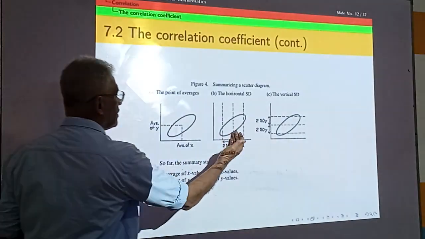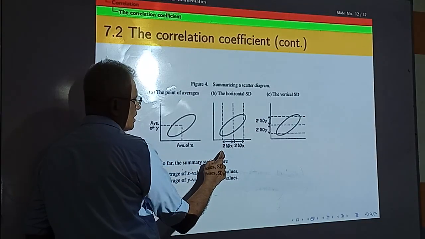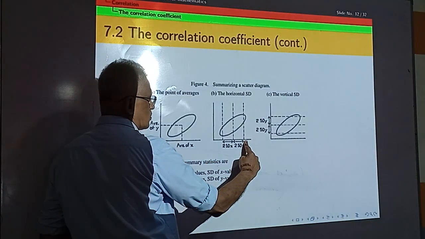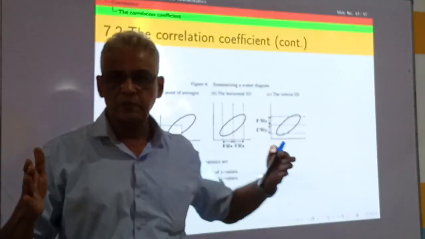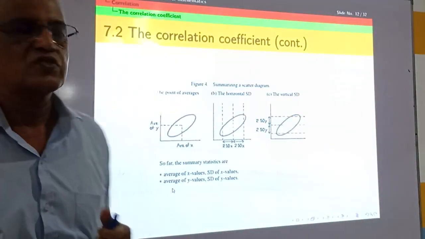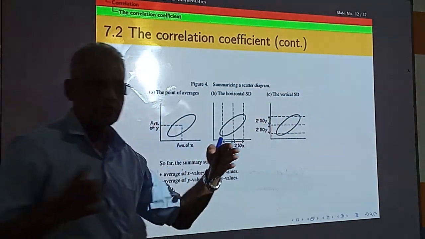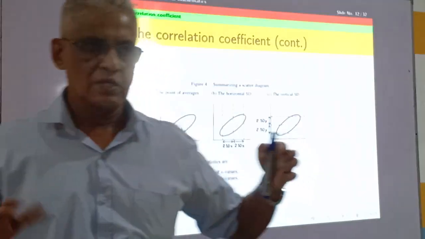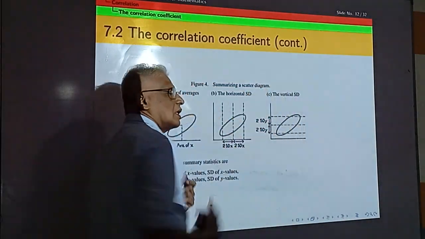So if the mean is here, this value will be x bar minus 2 times the standard deviation, and this will be x bar plus 2 standard deviations. That gives you roughly the 95% range of the x values. And similarly you can find the roughly 95% range for the y values. By doing that you can get some idea about the football.